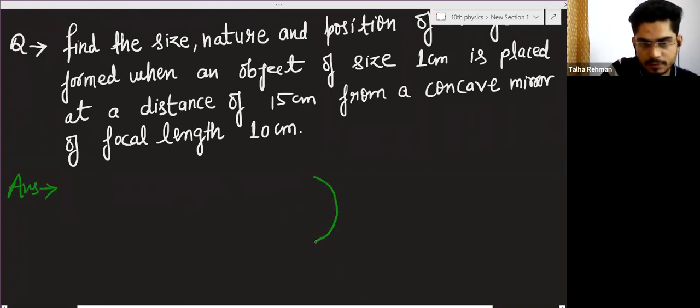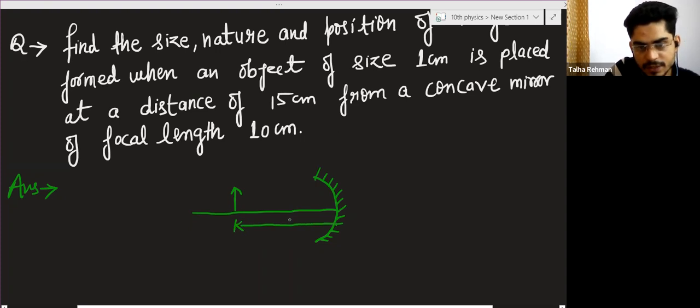This is the mirror, a concave mirror, and this is the principal axis. You can draw a rough diagram, and the object is placed somewhere here at a distance of 15 centimeter.